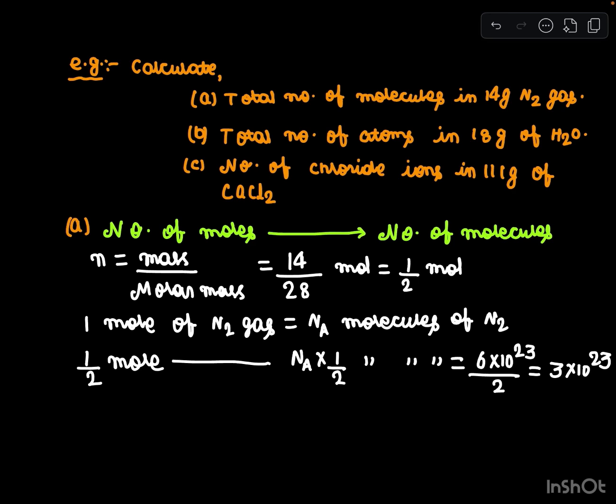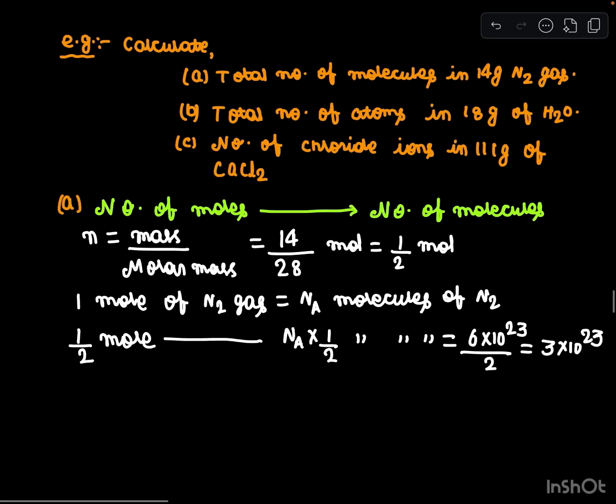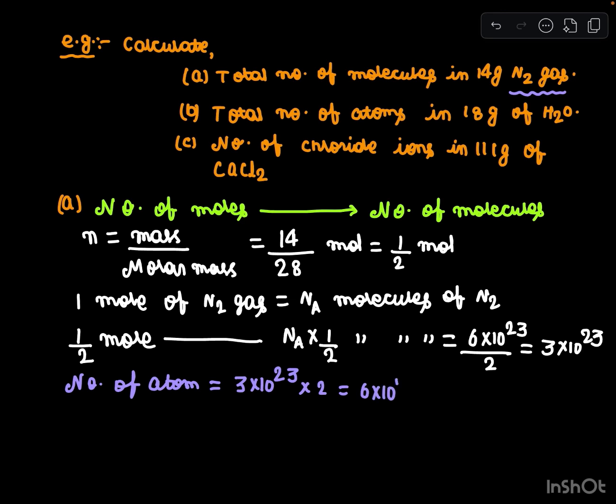If we had to calculate the number of atoms in 14 gram of N2 gas, since one molecule of N2 gas contains 2 atoms of nitrogen, 3 into 10 to the power 23 molecules of N2 will contain 3 into 10 to the power 23 multiplied by 2, which is equal to 6 into 10 to the power 23 atoms of nitrogen.